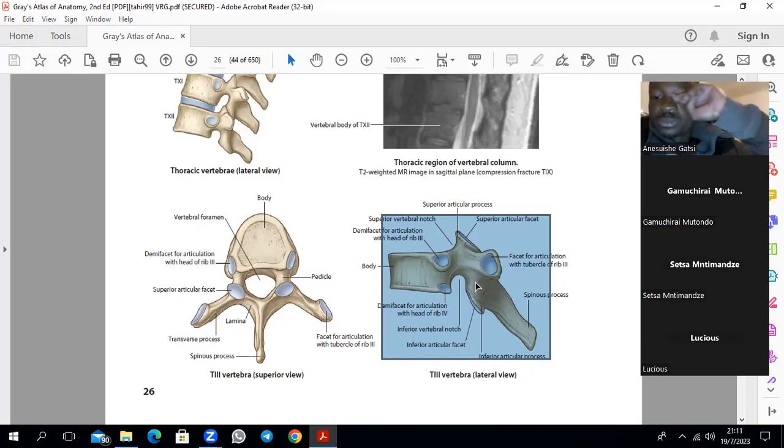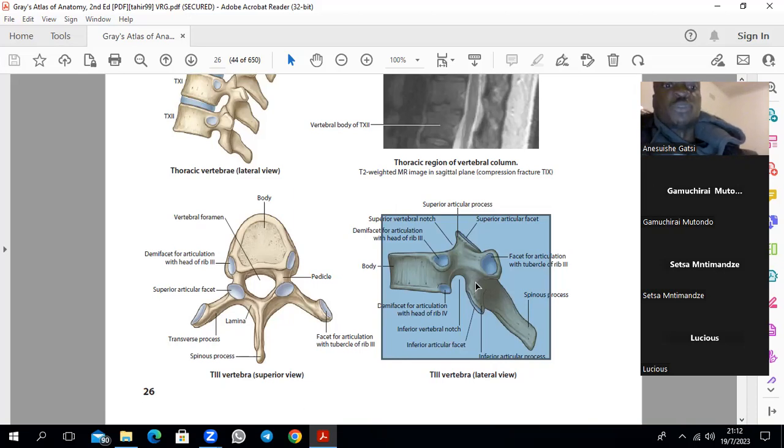For your zygapophyseal joints, these are synovial joints in the spine. Like the whole spine, not only the cervical part. Yes, basically the whole spine. So all the joints starting from C2, going all the way down to the sacrum.